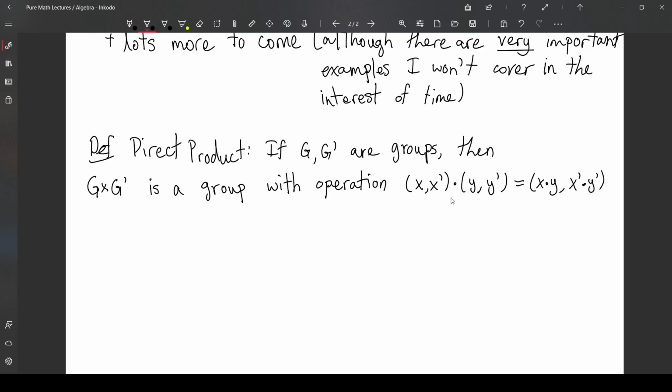Notice that I'm using the same symbol for all these group multiplications. They may not be the same operation, but I'm just abusing notation. And actually later on, I'm going to drop the dot entirely. So I'll write that down. Later on, instead of writing x dot y, I'm just going to write xy, and it will be implicit multiplication.